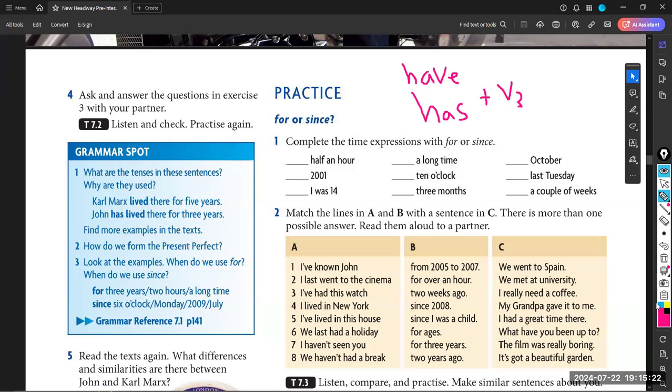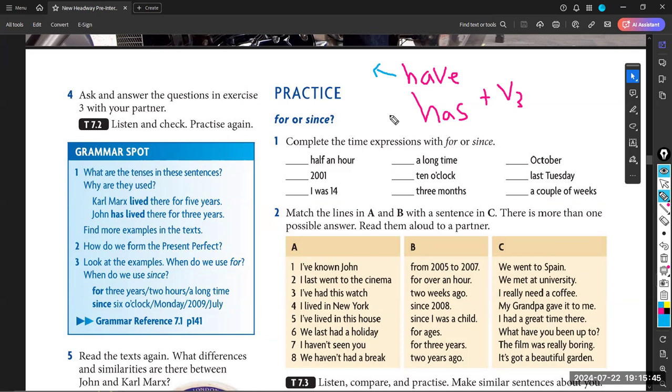Now, when I have to use have, with what pronouns? I, and we. Bravo. What else? They. Can I use have with a singular noun or a plural noun? Both.